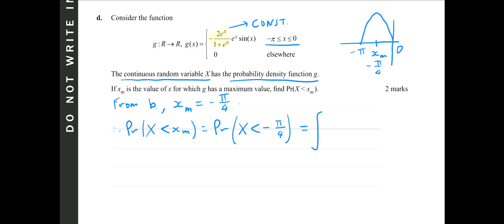So negative pi on 4 over there, we want that particular area, the one on the right. So the integral will start at negative pi, end at negative pi on 4, and then basically put this entire function in there. So negative 2e to the pi over 1 plus e to the pi, and then of course e to the x sine x dx.